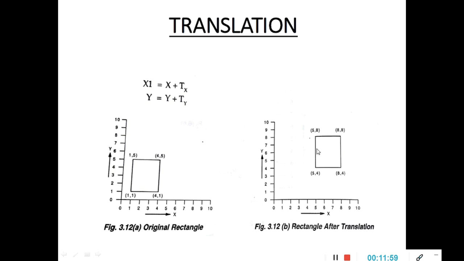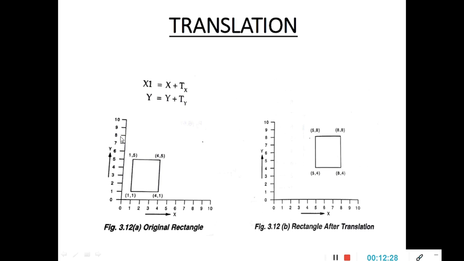Coming to translation. Translation, as I told you, is the changing of the location of a component. Here one component is there whose coordinates are already mentioned here: 1 1, 4 1, 4 5, 1 5. These are the 4 coordinates of this particular component, right? Now this can be transferred somewhere else, or the location of this rectangle can be changed, by simply changing the coordinates of its points.